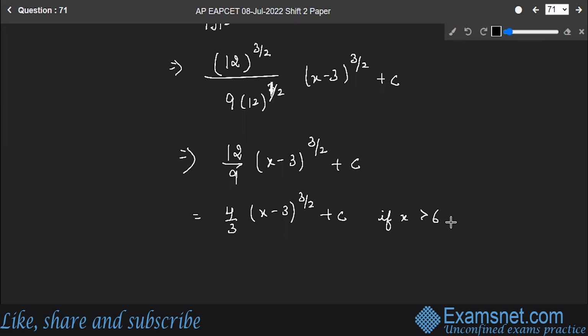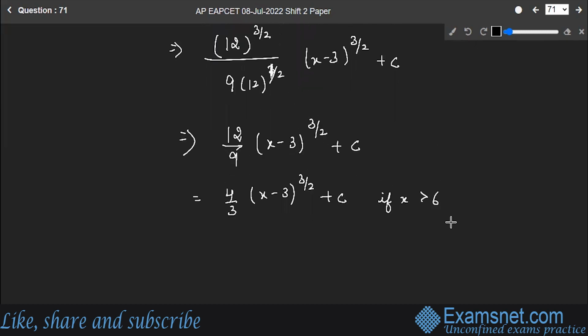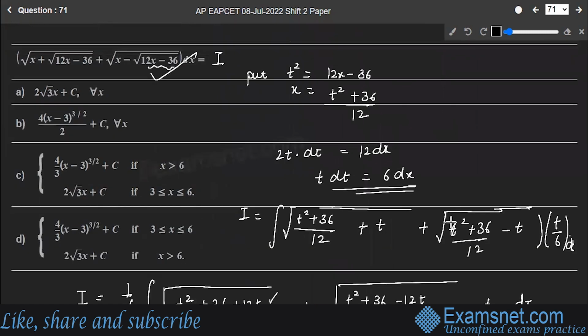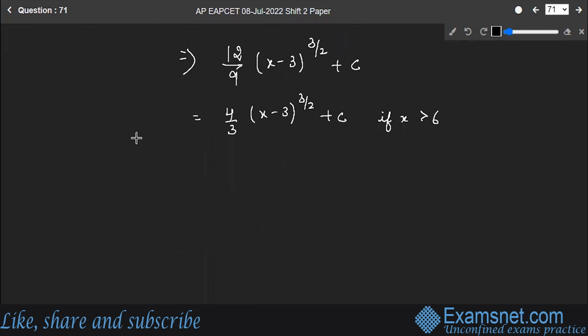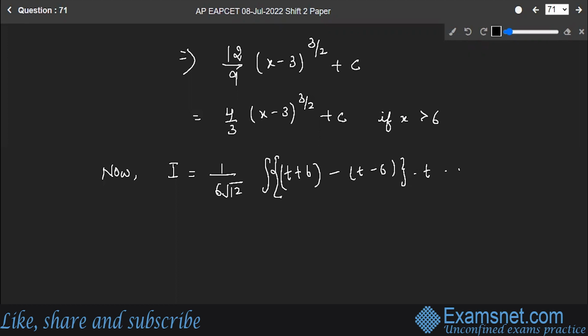So now further, what you had in the question is this. Now I is equal to 1 by 6 root 12 integral of t plus 6 minus t minus 6, t dt.